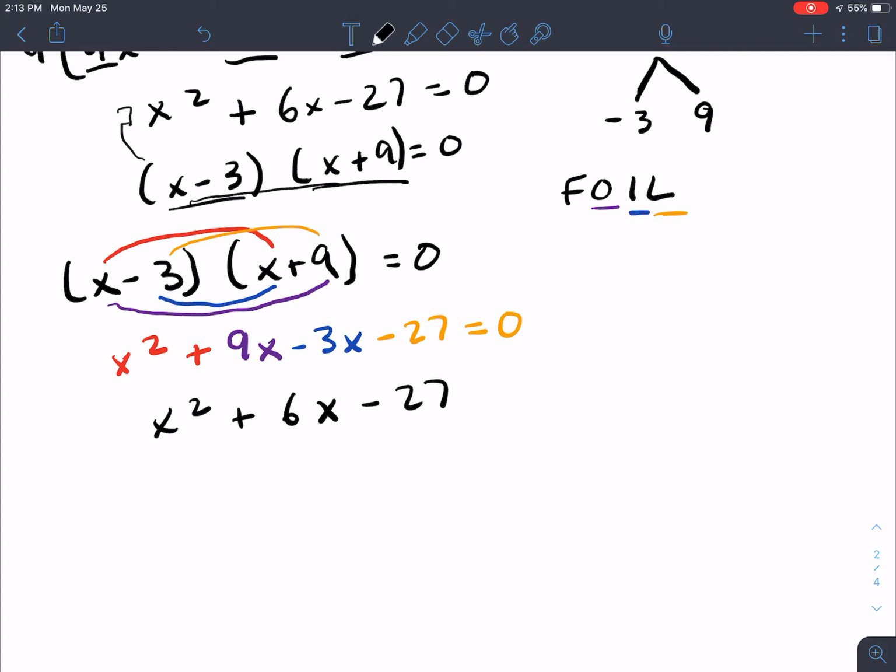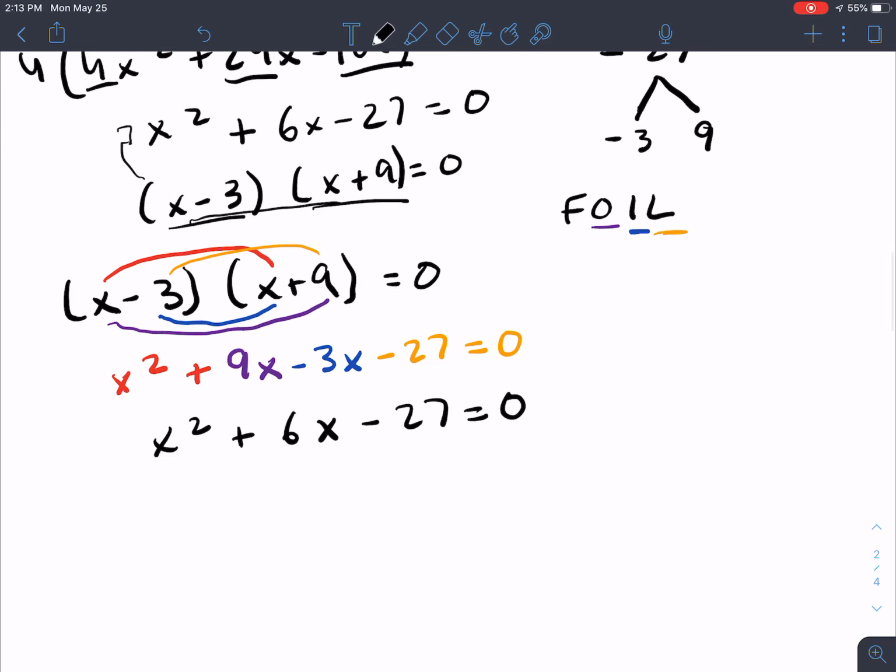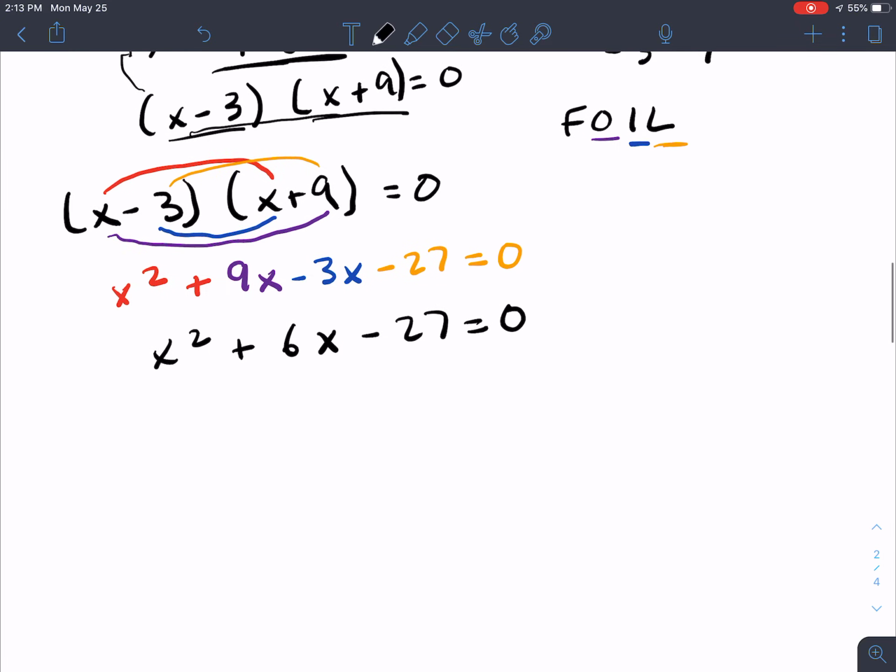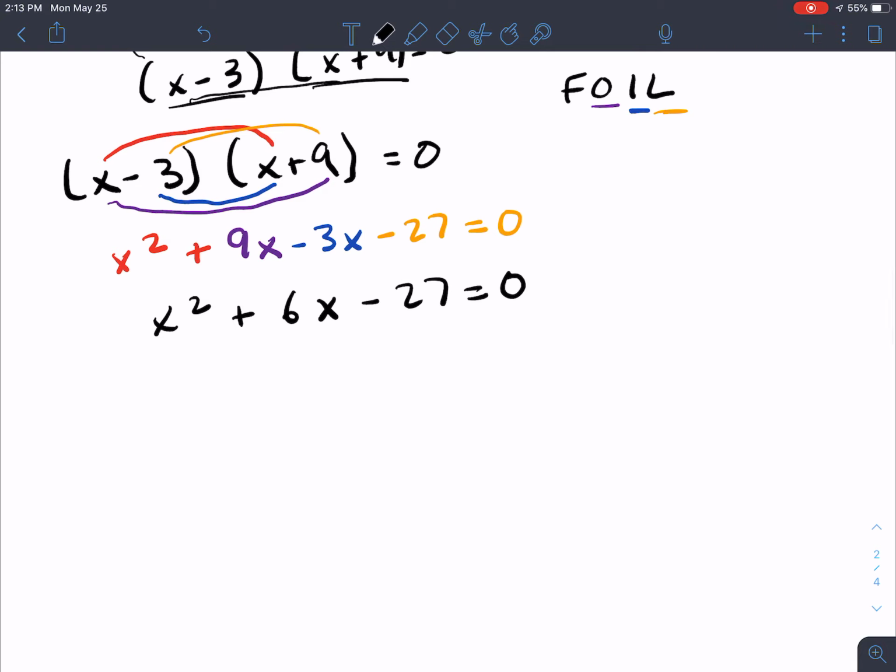Minus 27 is equal to 0. So that's how I got to this. So now it would be back to x minus 3, x plus 9 is equal to 0. So x is equal to 3 and x is equal to negative 9.